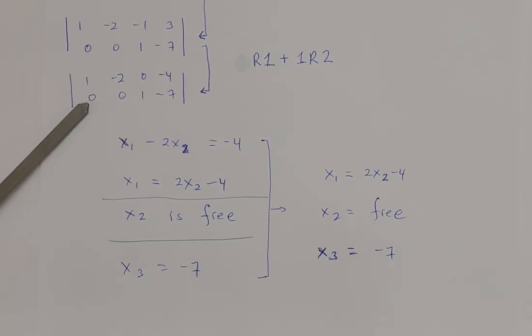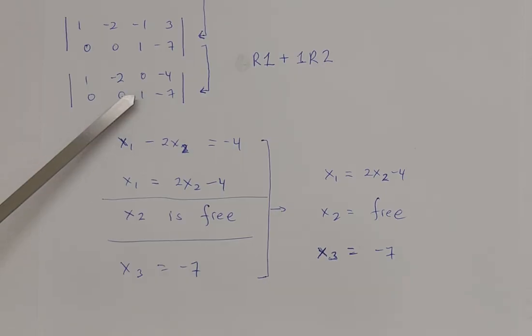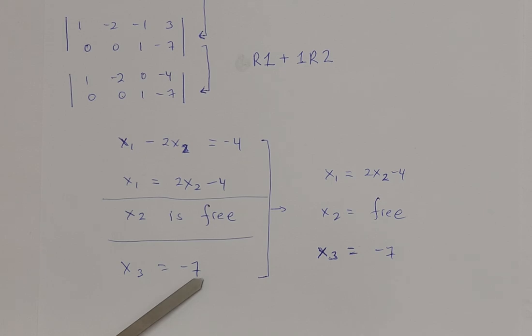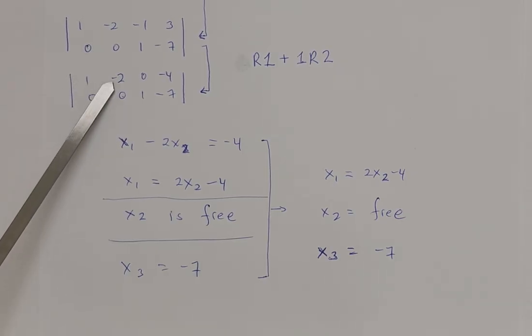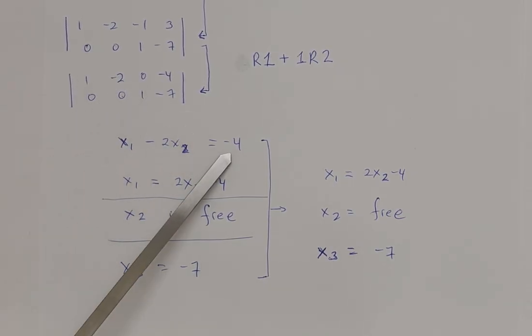Do the same thing in the bottom row. There's nothing here, there's nothing here, so we move on to this one. So this is x3. x3 equal -7. There is something here, so x1 minus 2x2 equal -4.